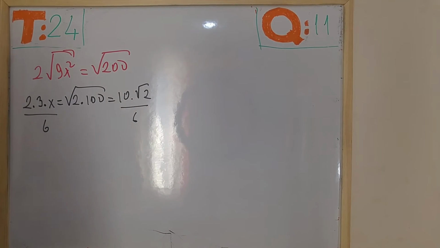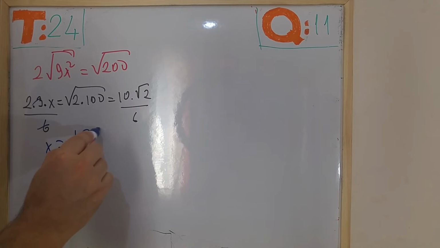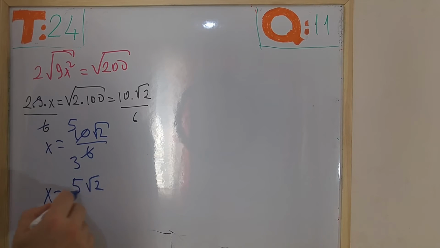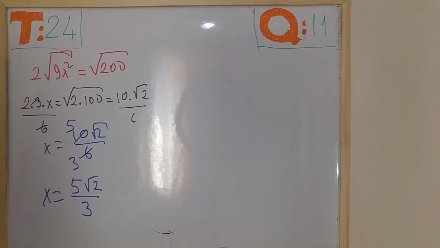What I'm going to have is x is equal to 10 square root of 2 divided by 6, or when I simplify, these are going to be 5 and 3 respectively. So what I will have is x is equal to 5 square root of 2 divided by 3.